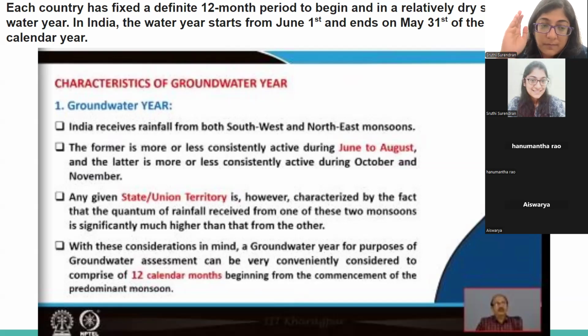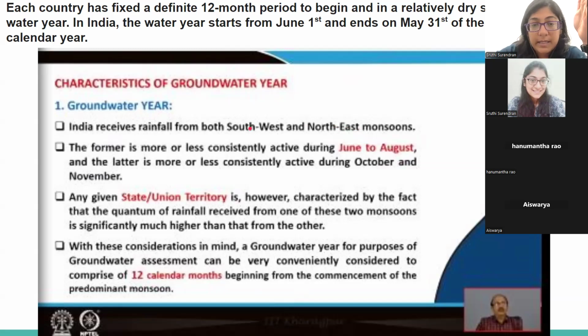The southwest monsoon is from June to August, and the northeast monsoon is from October to November. The groundwater year is considered from the commencement of the predominant monsoon. For certain regions, 75 to 80% of the country's main rains come from the southwest monsoon, and some regions receive from the northeast monsoon.